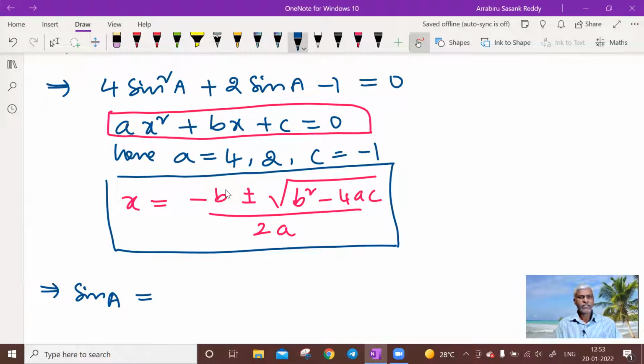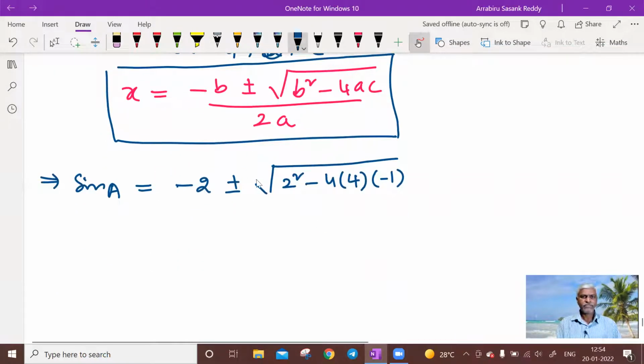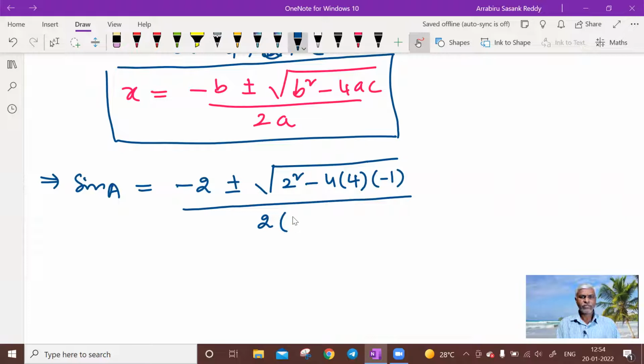Minus b value is 2, b is equal to 2. So minus b, minus 2, plus or minus b square, 2 square minus 4, a value 4, c value minus 1, b square minus 4ac, by 2a. 2 into a value is 4.